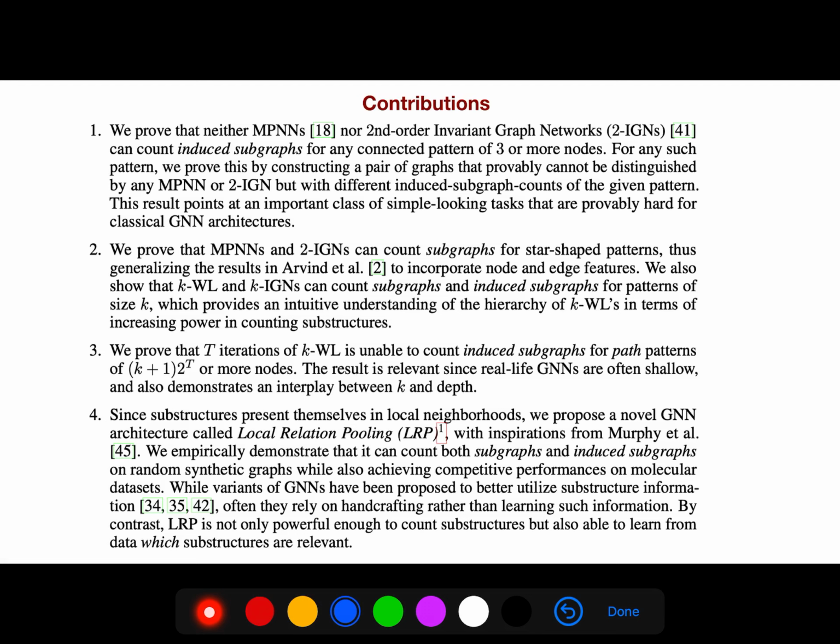In this paper, they proved that MPNN and 2IGN can count subgraphs for star-shaped patterns. And then we prove that T iterations of KWL is unable to count induced subgraphs for path patterns.